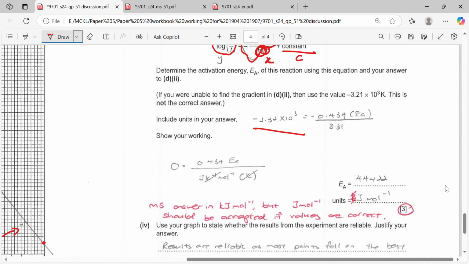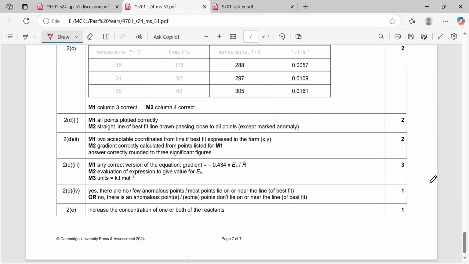Okay, now the marking scheme answered in kilojoule per mole, but joule per mole should be accepted if values are correct, because when I cancel the unit off, the remaining one over here was joule per mole, which is why I answered joule per mole. But if you check the marking scheme, you will see it is kilojoule per mole.